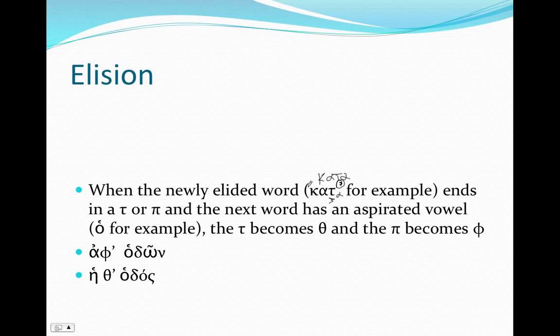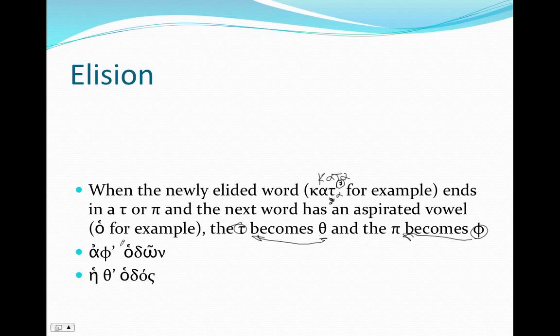Once it's elided, that tau becomes theta, and the pi becomes phi. This is because theta is an aspirated tau, and phi is an aspirated pi.